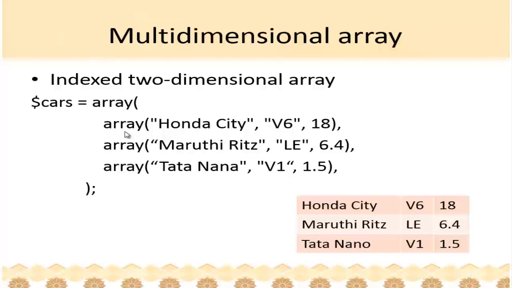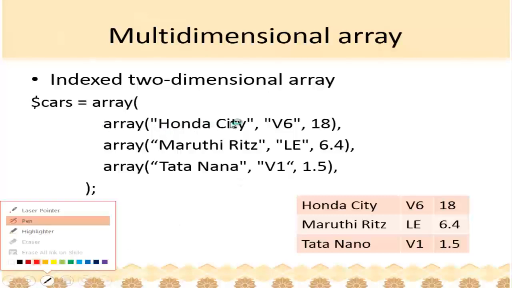Let's look at a simple example. I want to store the cars here, and I have the name of the car, the model number, and the values in lakhs. So if I want to store it in a tabular format, I have 3 cars here. So I have 3 rows at this place.